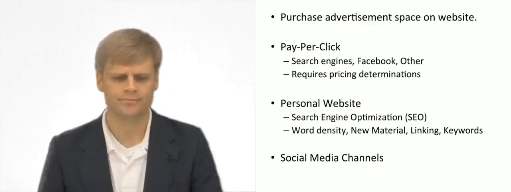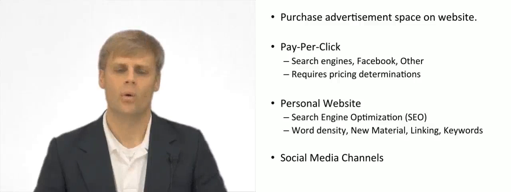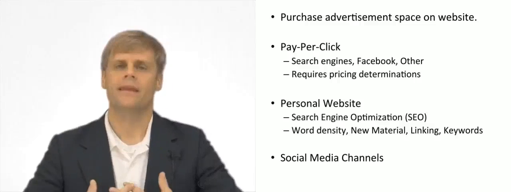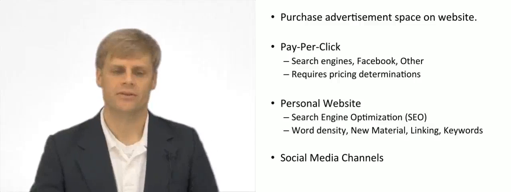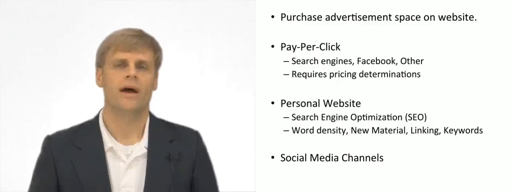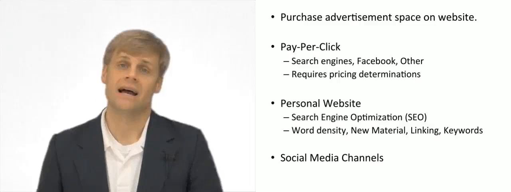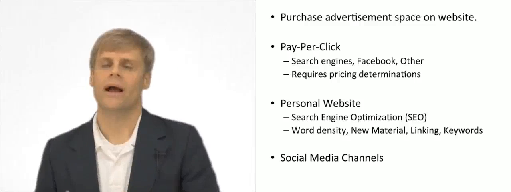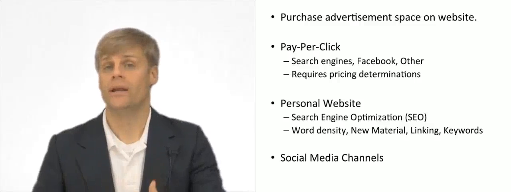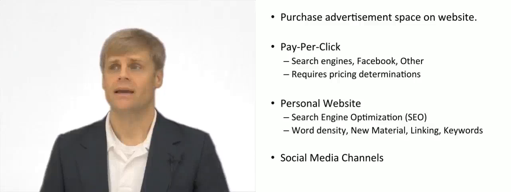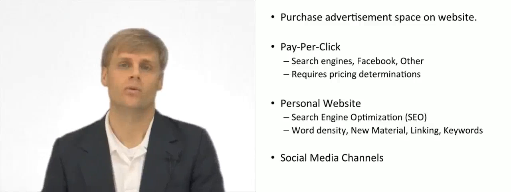Okay, now, so let's talk for a second about ways to do that. So if you're going to build a website, you're going to want to optimize it for search engine results. So there's all types of methods of laying out and designing your website to get the right word count in there, to have new and updated changing materials, and in and outbound links to websites.